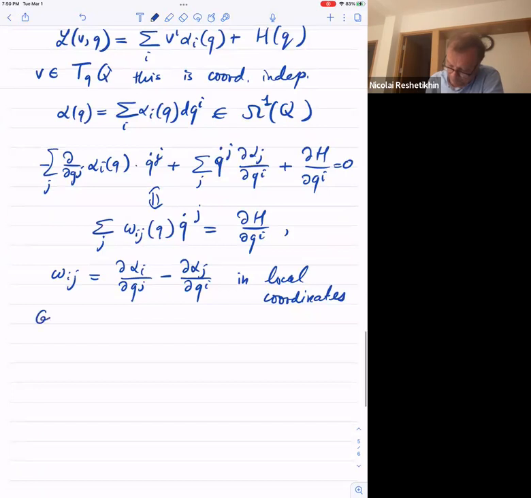And globally, it defines a two-form, a differential form of degree 2.